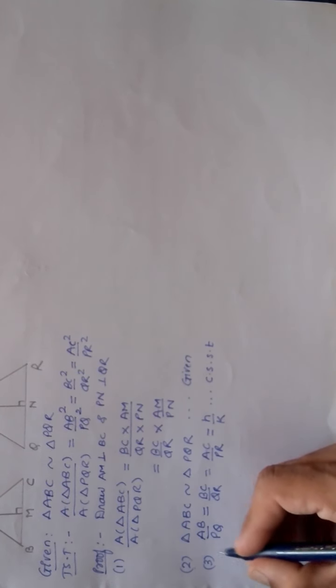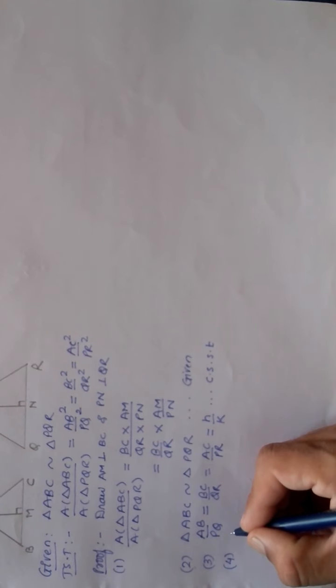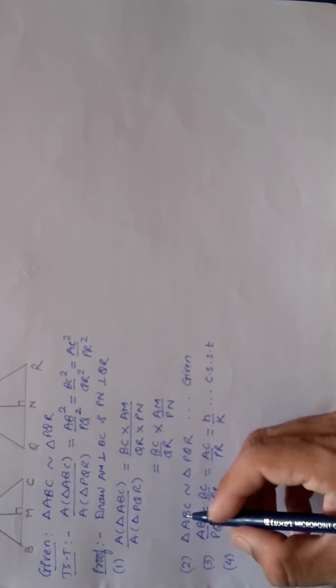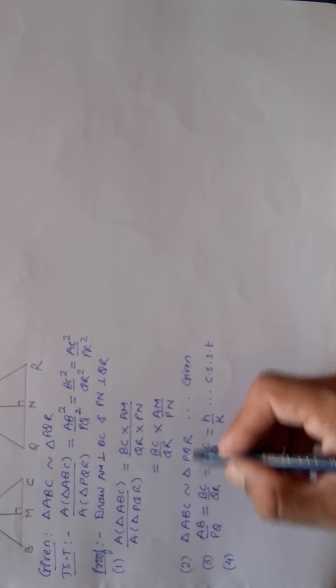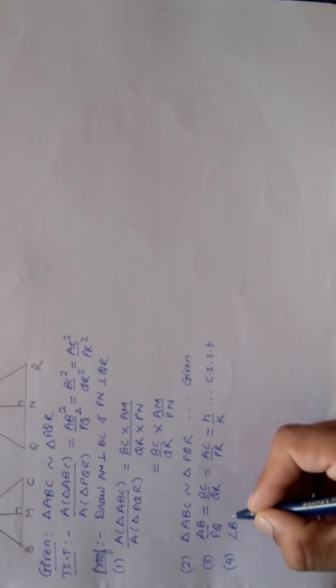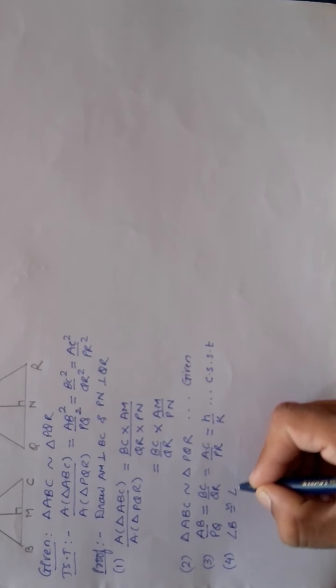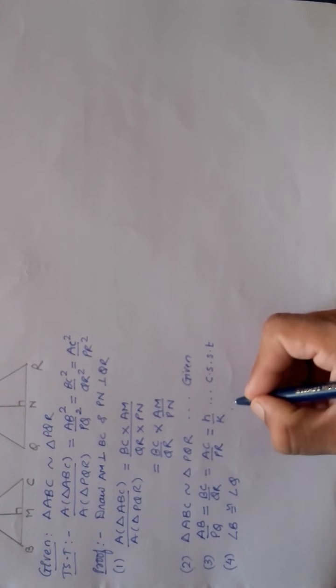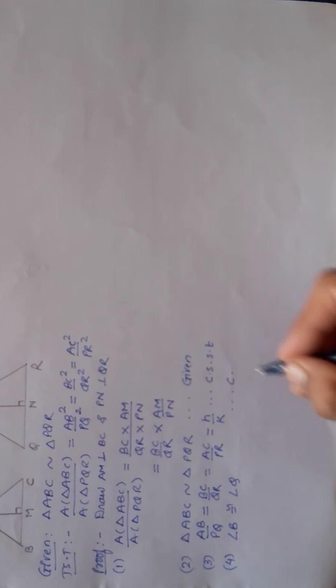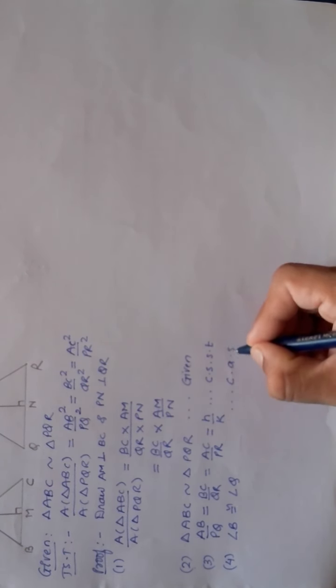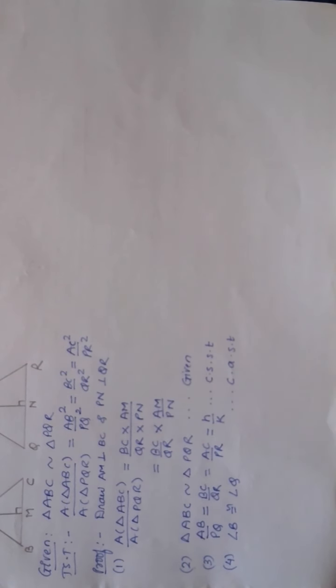So what I will say here is, I take angle B, and angle C also I can take. So angle B is congruent to angle Q. This is the corresponding angle, taken from the similar triangles. You can write C and R also, if you want.